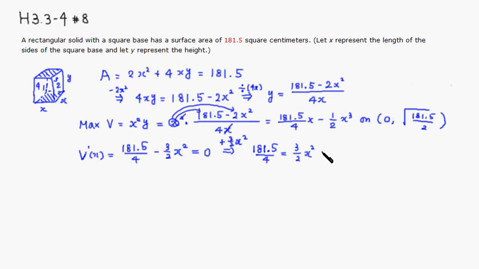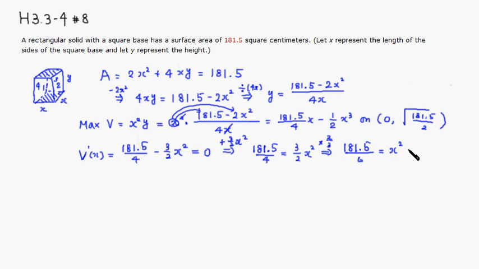Then we can multiply both sides by 2/3, so 2 and 4 cancel out. You have 2 on the bottom, so 2 times 3 is 6, is equal to x squared.